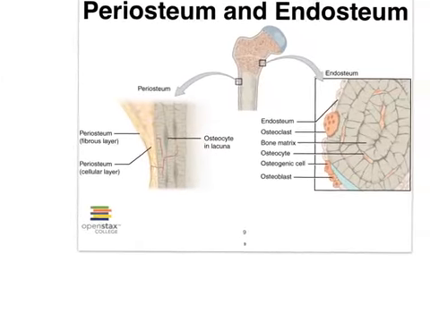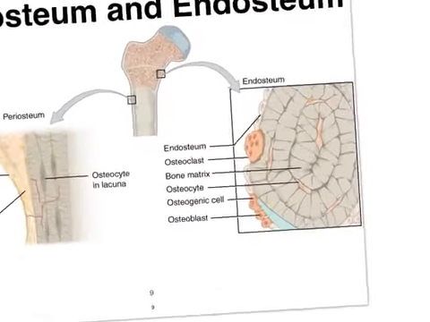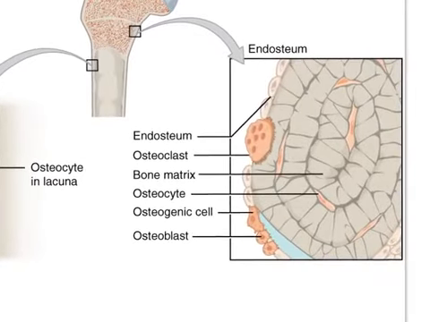So let's go back to the original size of the picture and now zoom into an area in the spongy bone tissue. Here we are in the spongy bone tissue area of an epiphysis. We'll understand all of this better in just a little while. But what we need to focus on is the endosteum. The endosteum lines the inside of the medullary cavity, but it also lines all of the holes that you see in the spongy bone tissue.